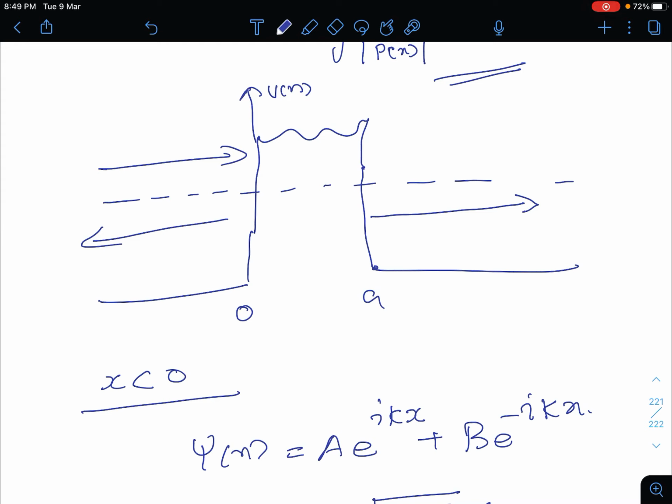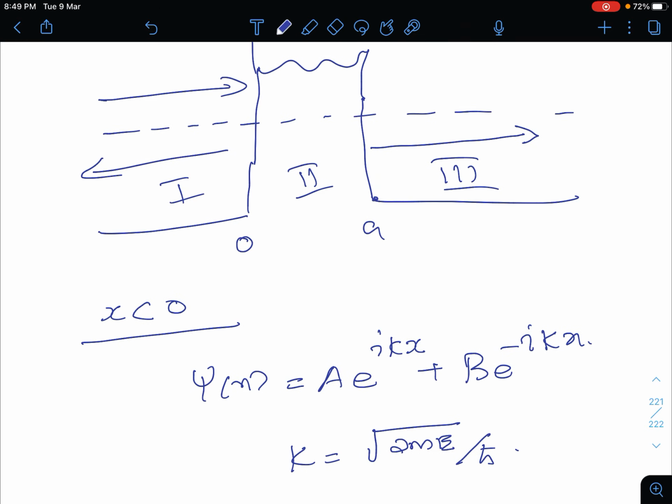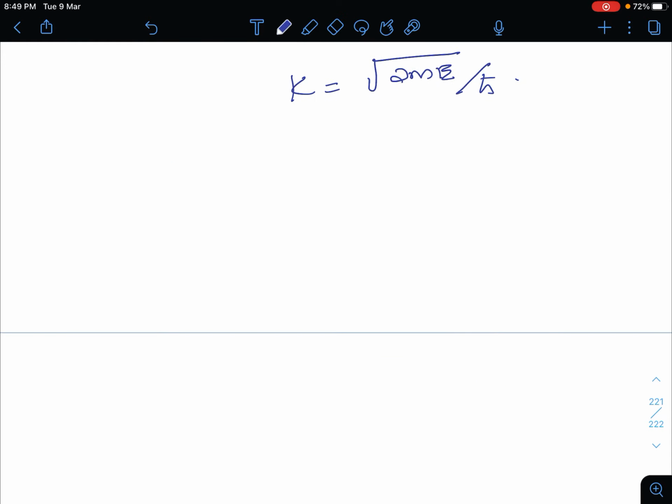And of course in this region also, let us say regions 1, 2 and 3, in the third region also the potential is 0. So in that region also I can write psi is equal to, let us say, f e raised to only plus i kx, because it's only going outside. So that's the other region. So the transmission probability is simply f squared divided by a squared.